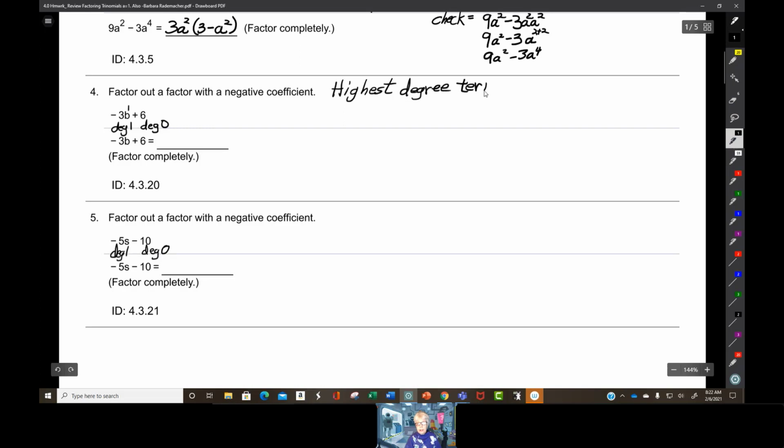The highest degree term is called, starts with a C, not an A, is called the leading term. You only have one, so it's the leading term. There's more.